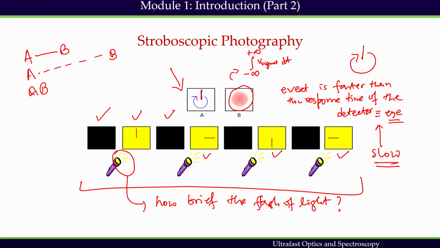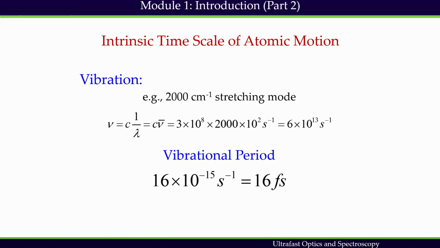So the first thing we have to understand is how rapid a flash of light is required to observe a motion, atomic motion or electronic motion in a molecule, with the help of stroboscopic photography. So we need to know the intrinsic time scale of atomic motion. First we look at the intrinsic time scale of atomic motion. The time scale of a chemical reaction is the time scale of atomic motion of a molecule.